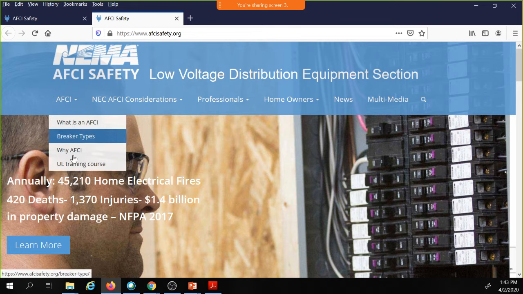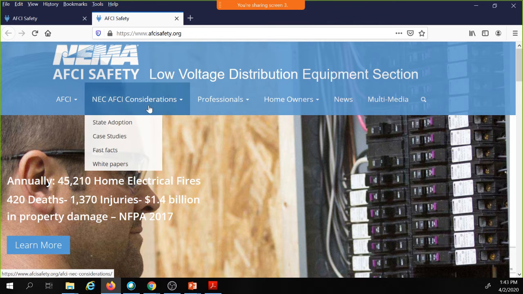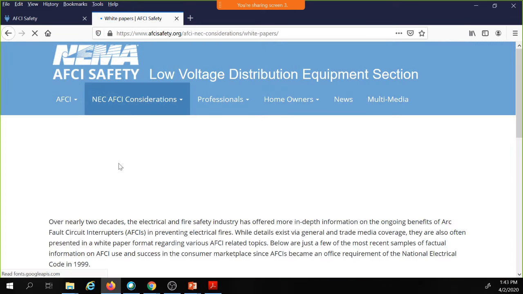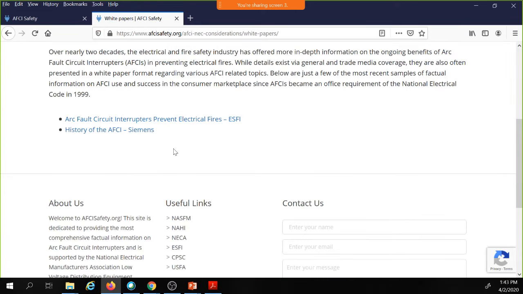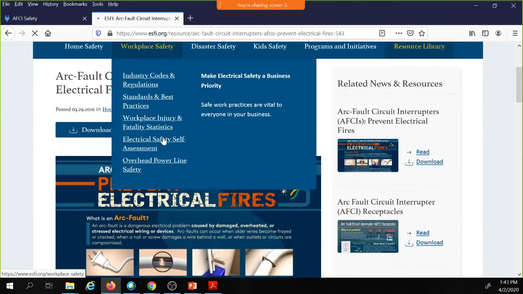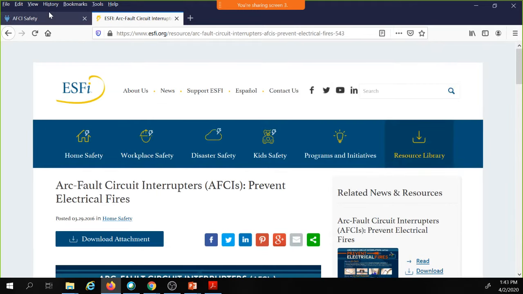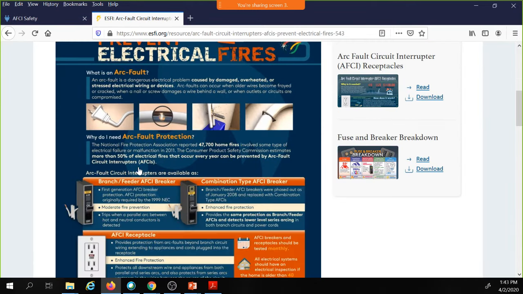We have obviously the UL training course, which I talked about earlier. We have the state adoption. We have white papers, and in the white paper document, you'll see the history of the AFCI. That was a Siemens document. We have the arc fault circuit interrupters preventing electrical fires from ESFI. This takes you out to their website, and it shows you resources that they have.